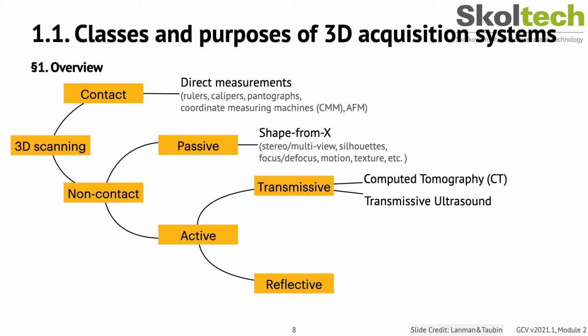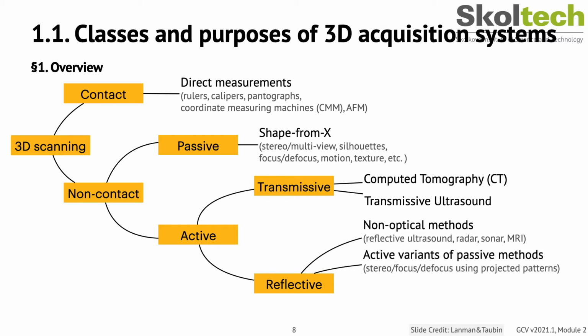These include non-optical methods such as reflective ultrasound, radar, sonar, and MRI, active variants of passive methods such as active stereo or defocus using projected patterns, time of flight, where the scanner emits a focused pulse of laser light and waits for it to return to a sensor, or triangulation, which projects structured patterns of light and records reflectance.